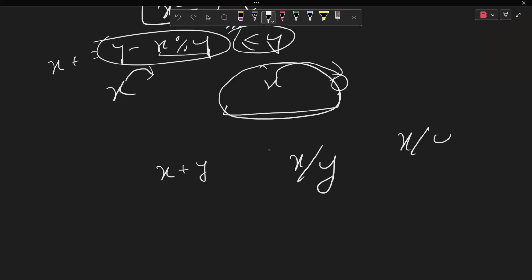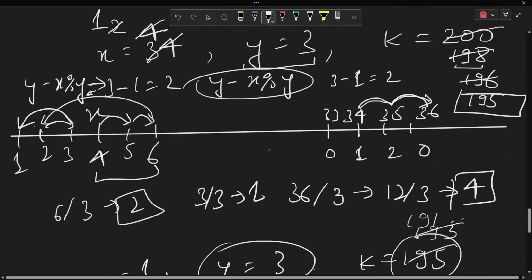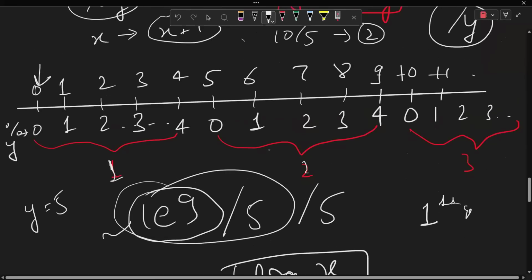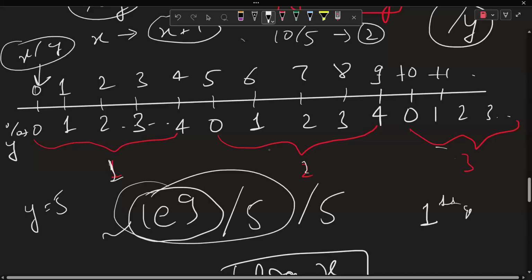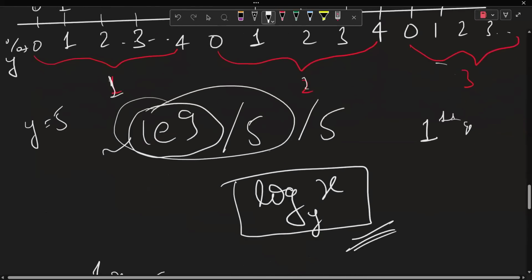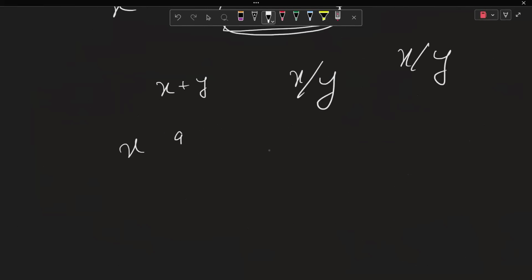You can have x by y groups if you look closely, like the groups 1, 2, 3 I had written here. You are dividing into groups of y, so at max you would have x by y groups. Let's say at worst case y is 1, then you would have x groups.